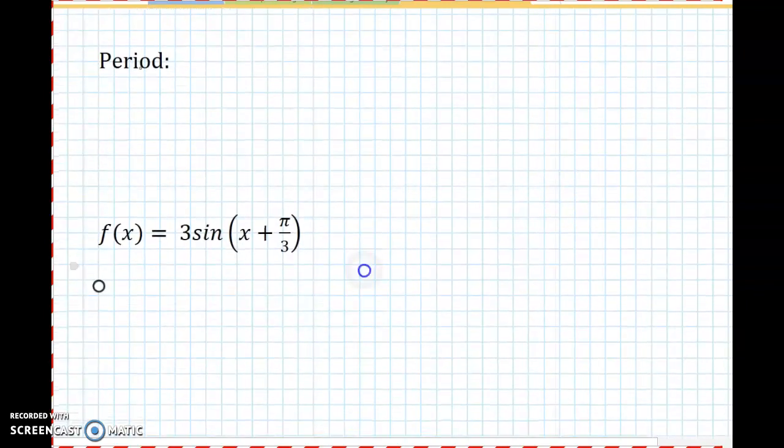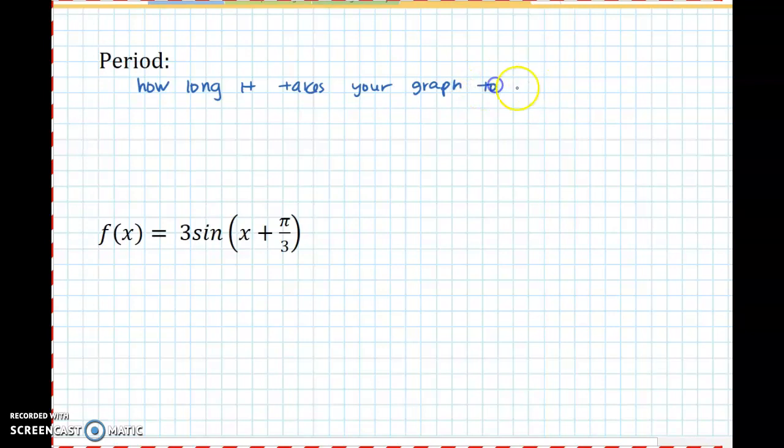Just a reminder that your period is how long it takes your graph to repeat. And for all of your purposes right now, your period is going to be 2 pi. On day 3, we'll talk about what happens when you change the period.